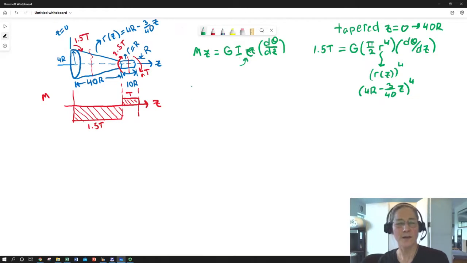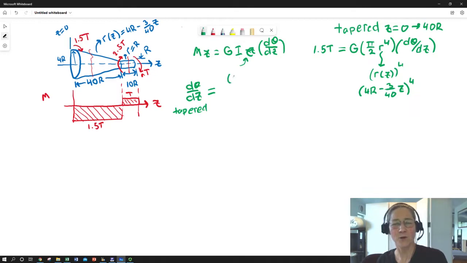So if I were to write my twist rate in the tapered section, I just do a little algebra here.